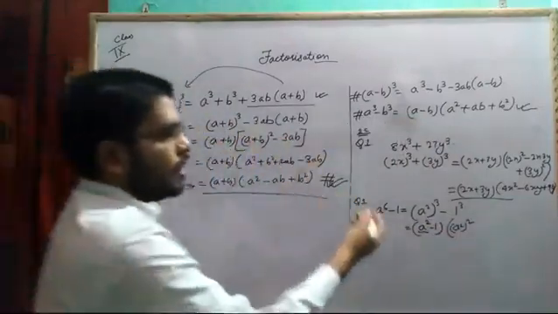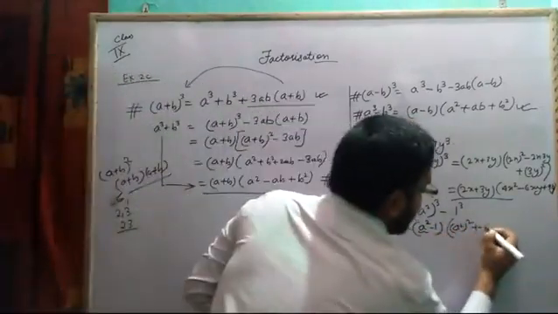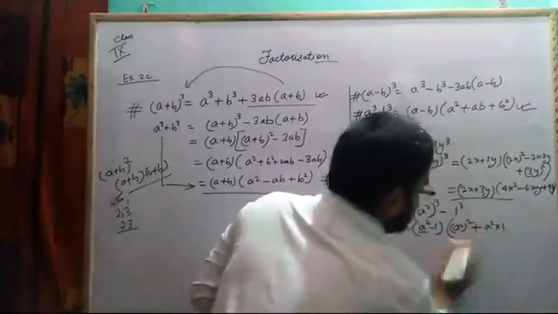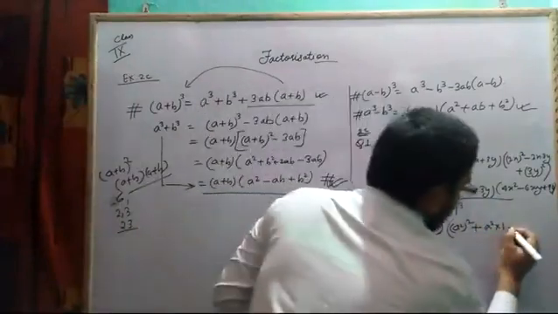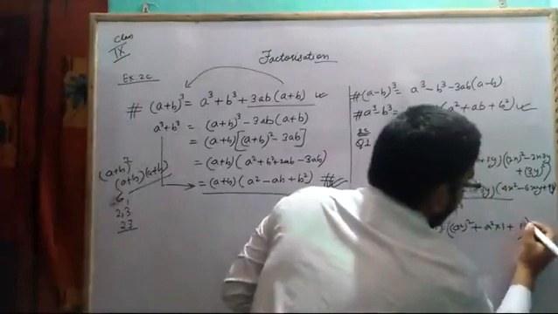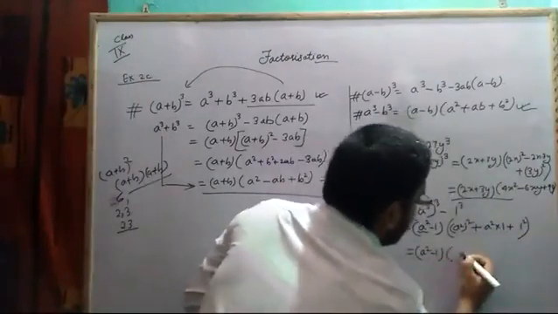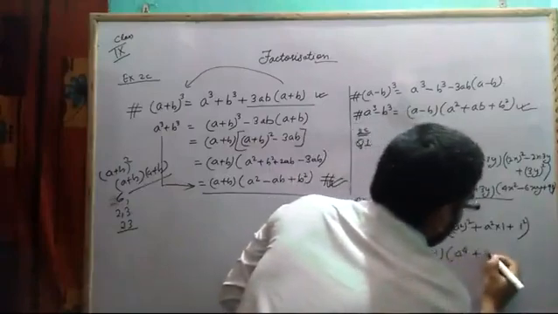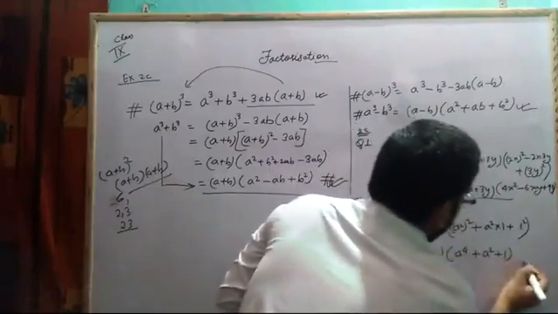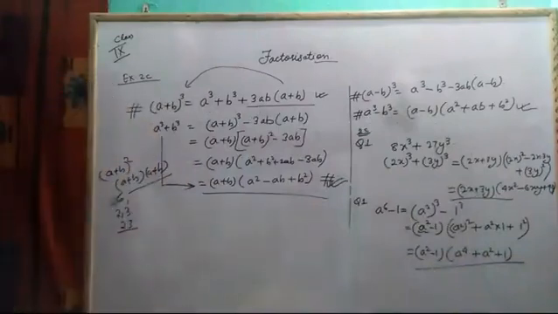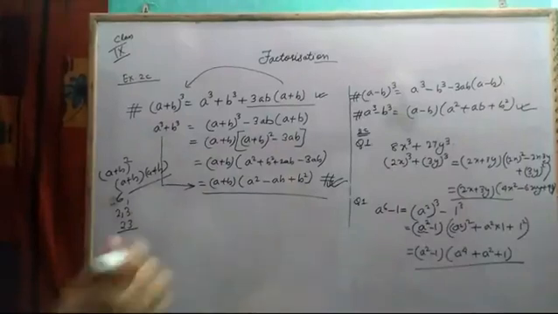So its square plus first term multiplied with the second term, that is 1, plus second term square. So finally we will have (a square minus 1) into (a power 4 plus a square plus 1). So this will be our solution to question number 1. And actually it is plus.